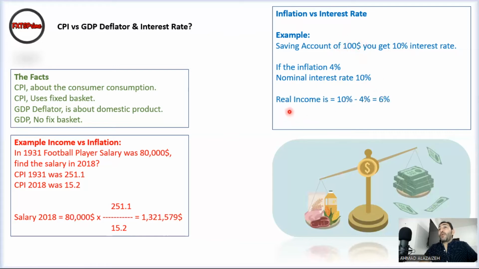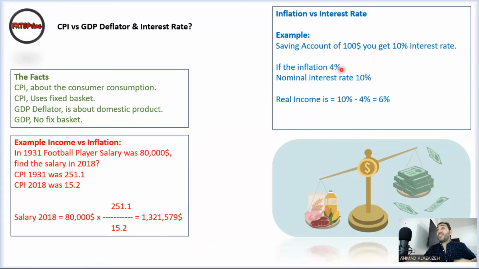So now to calculate the real income from your interest rate, you subtract the inflation rate from the nominal interest rate, because prices of goods and services are rising, and your money is your purchasing power.